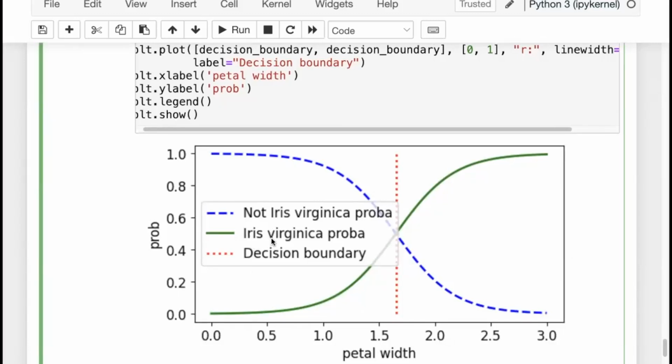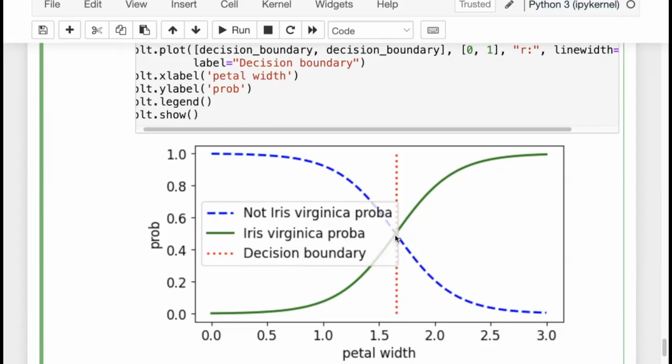So this means that the probability that the flower belongs to this class, Virginica, increases as the petal width increases, right? So for example, when petal width is 3, we are almost 100% sure that that flower belongs to the Virginica class. And we have the other way too, right? As the petal width decreases, this probability gets closer and closer to 0.